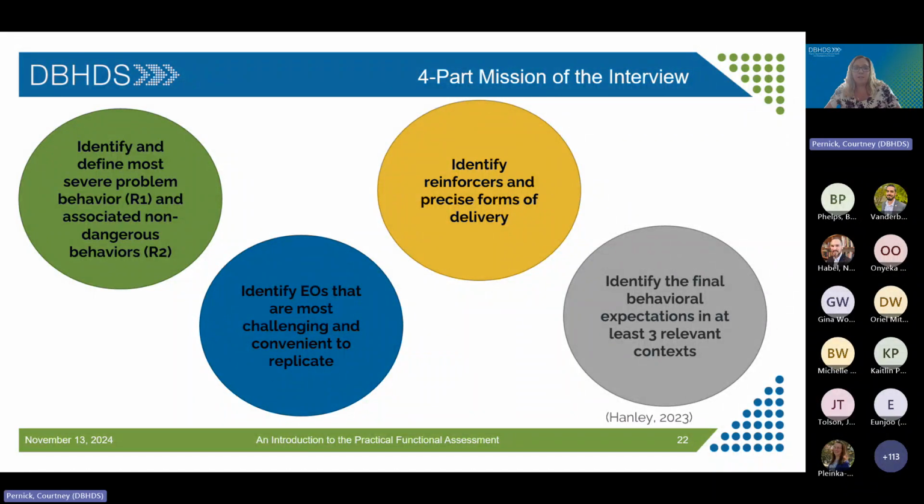Identify the reinforcers and the precise forms of delivery. Identify the final behavioral expectations for the individual and at least 3 relevant contexts with sufficient contextual details to ensure the goals are meaningful if the problem behavior was no longer a barrier.